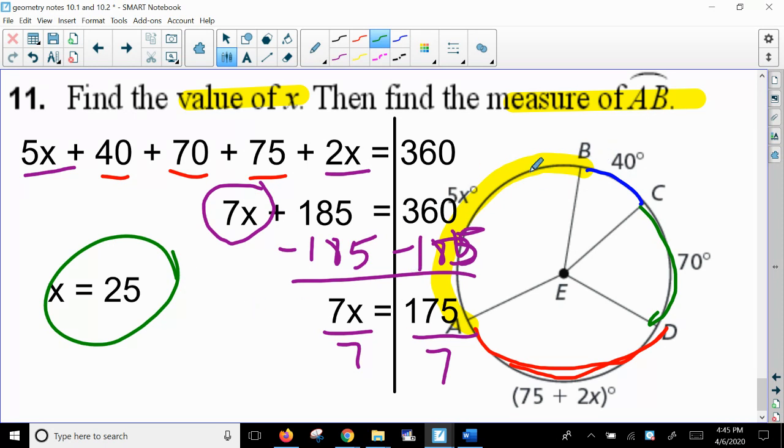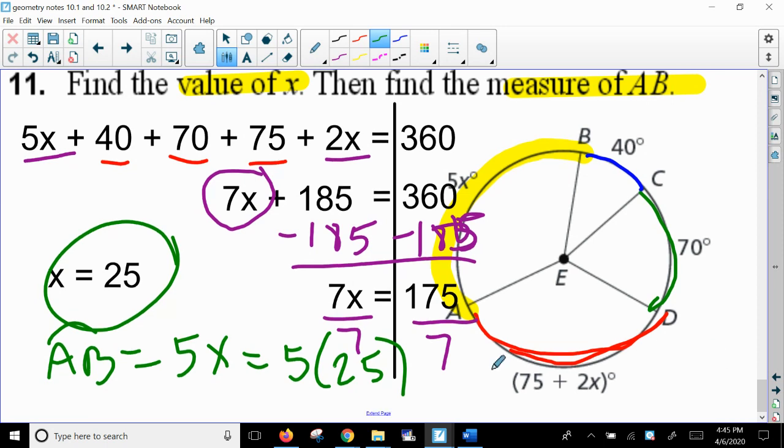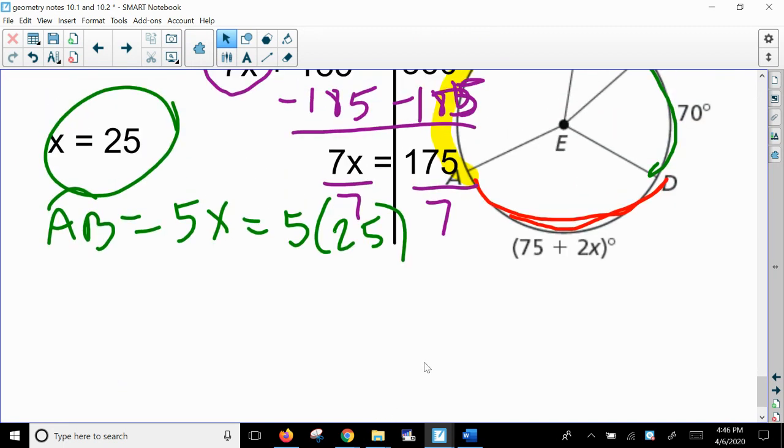Remember, AB is this yellow slice. So AB is 5x. I have to plug in 25. So I'm doing 5 times 25, and my answer is 125. That's arc AB, 125.